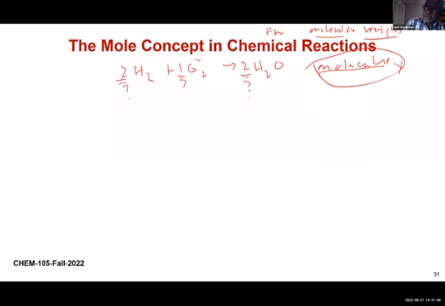We use a concept called moles. A mole is a large number of molecules. A mole is 6.02 times 10 to the 23 molecules, a collection of that many molecules.